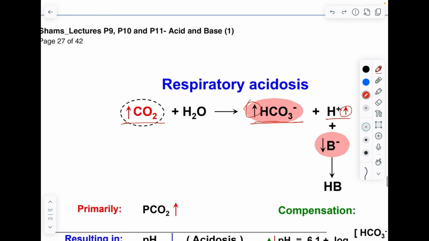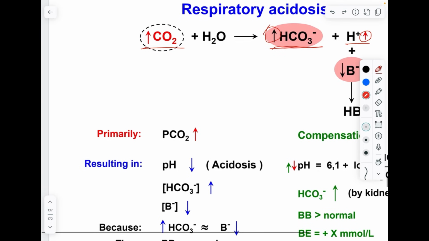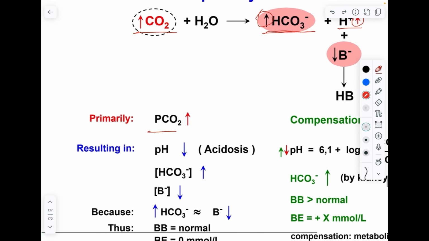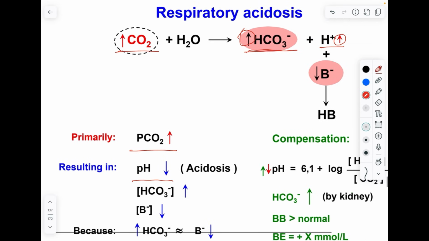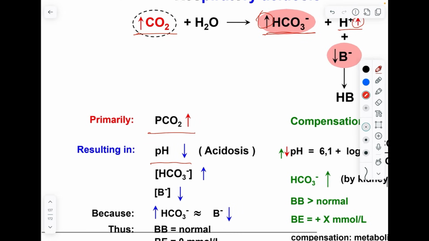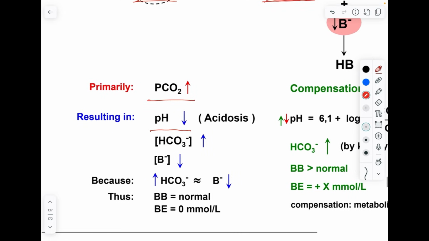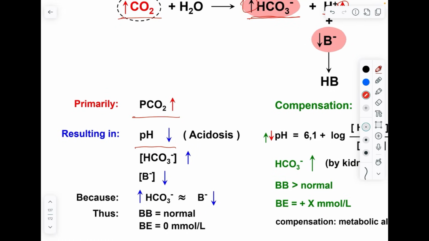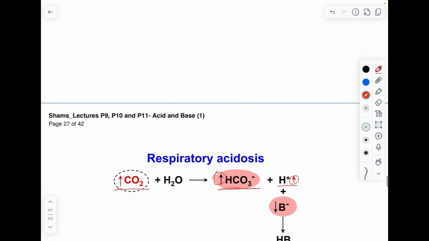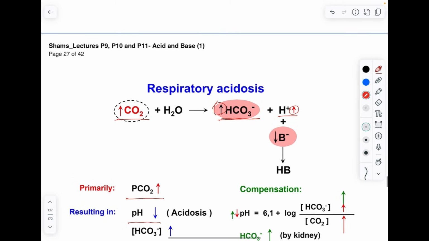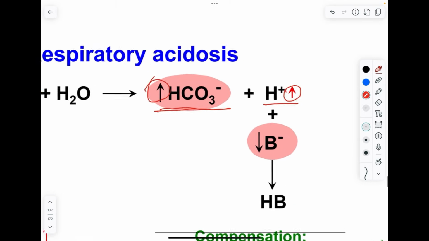Okay. Now, this is exactly what's written here. You have an increase in PCO2. You also have, of course, a decrease in pH. Why? Because you have an increase in H+, even if it was a little increase. Why do we say that buffer base and buffer excess are not affected by respiratory pathways? Here's the thing.